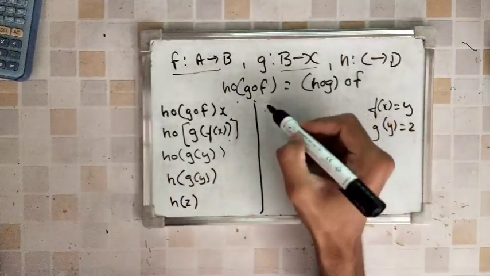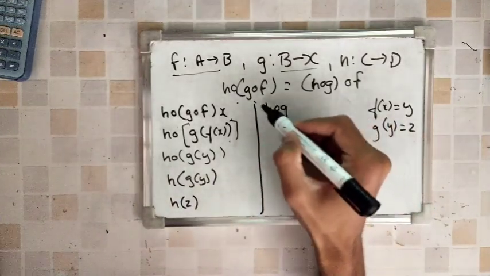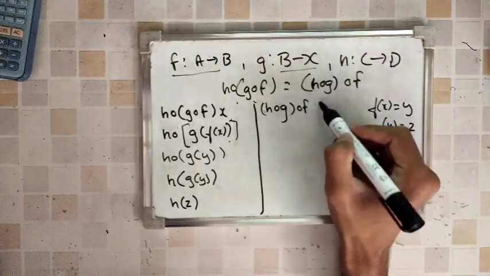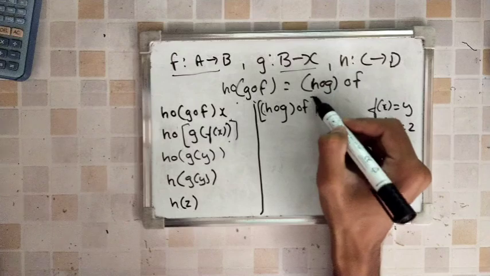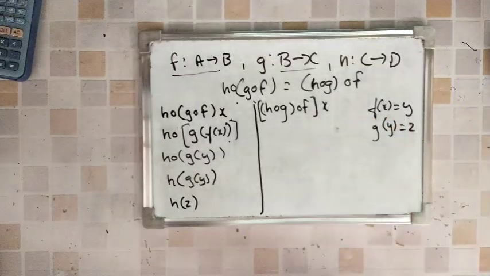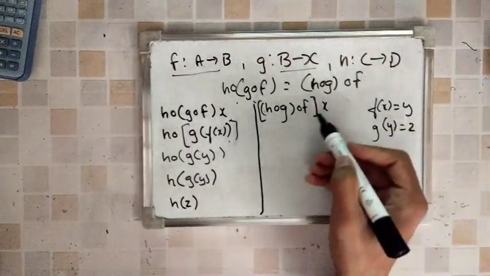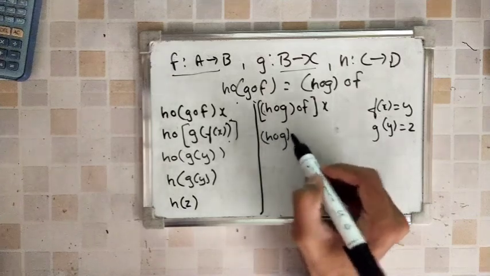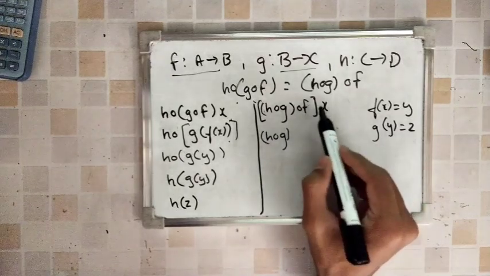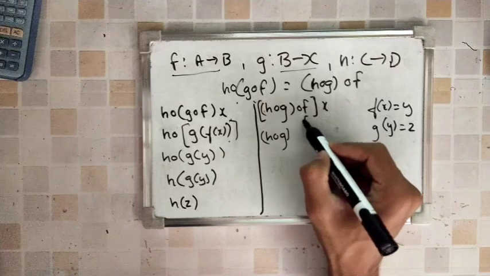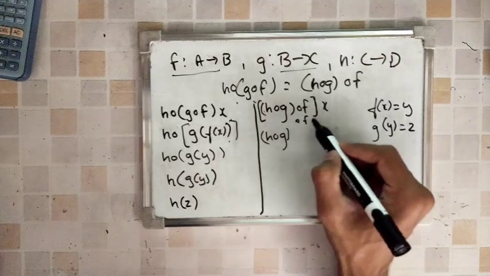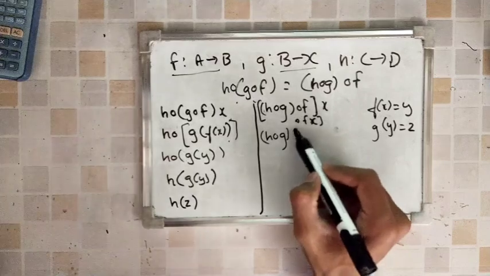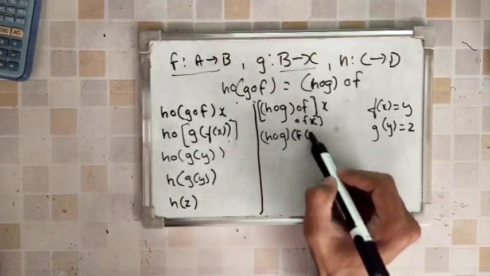Okay, then what I will do, now I have another part as (h composition g) composition f whole into x, right. Okay, now how will this change? So this I will bring inside: h composition g into composition f into x. So f like this into x, x is like this. So this I can write as into f of x.